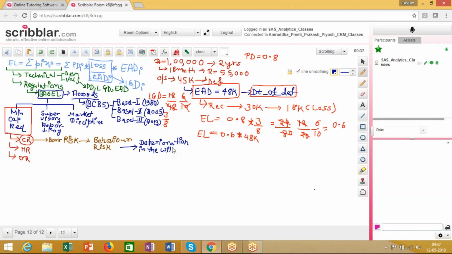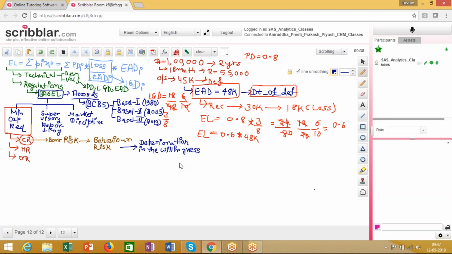So over here, if a bank is trying to find out the minimum amount of capital, and is trying to assess the borrower's risk, then it needs to assess two important components. Number one, it should not only assess the fall in the willingness to pay, but must also assess the loss that it can incur.